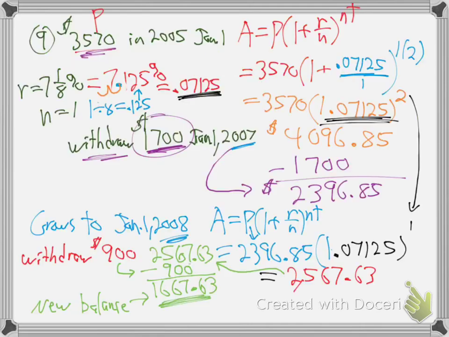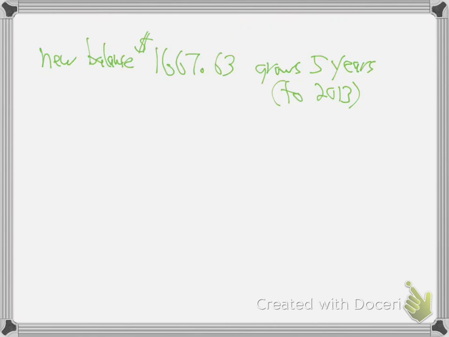So the new balance of 1,667.63 grows for 5 years to the year, what is it, 2013, is that what they said? Yeah, 5 years later, to 2013. So 5 years of growth, how do we do that? Same formula, A equals P, 1 plus R over N to the NT.